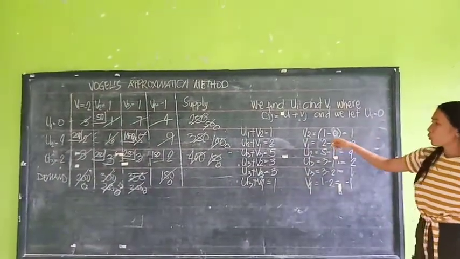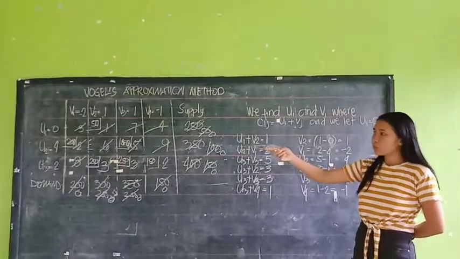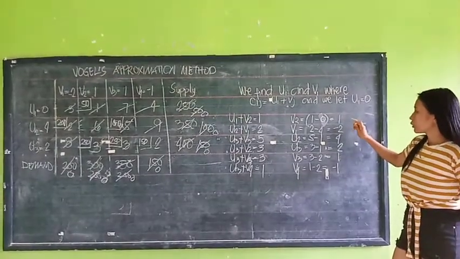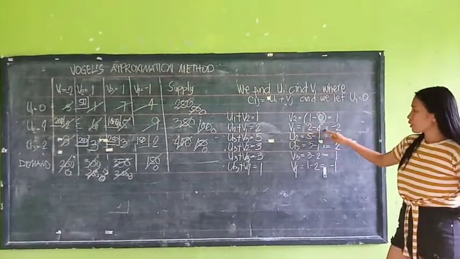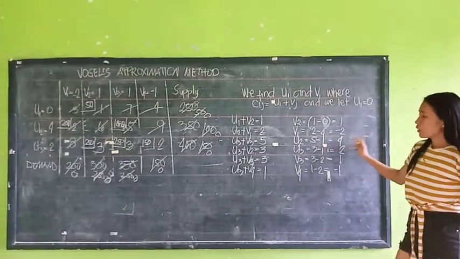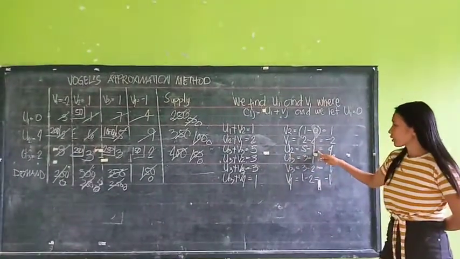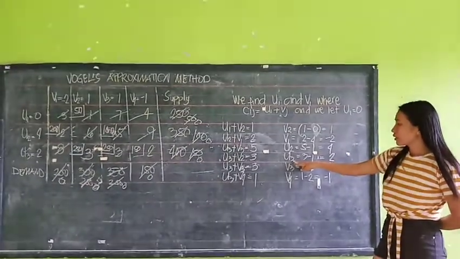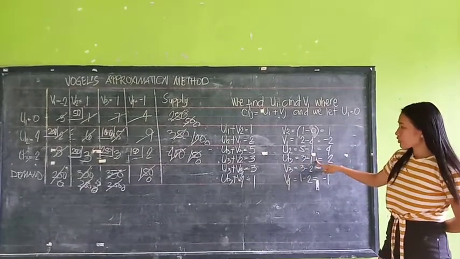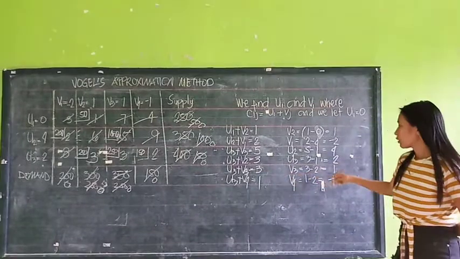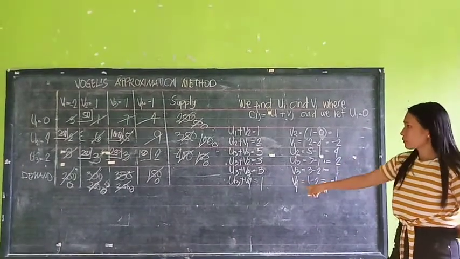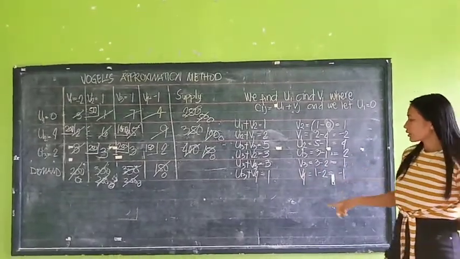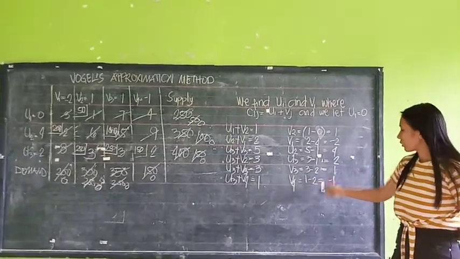To solve this, 1 minus 0 gives V2 equals 1. And 2 minus 4 equals negative 2. And 5 minus 1 gives V3 equal to 4. And U3, 3 minus 1, which is our V2, equals 2. And our V3 equals 3 minus 2, which is 1. And the last is our V4 equals 1 minus 2 equals negative 1.